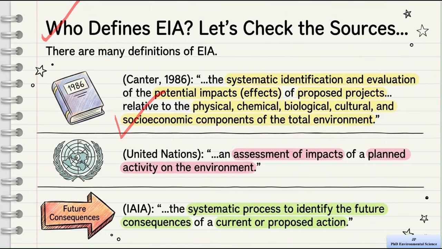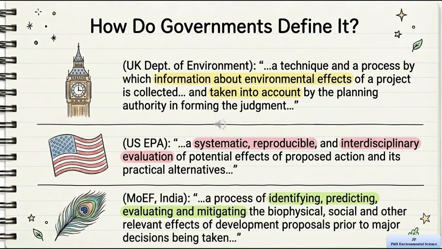EIA studies how a project affects everything around us, not just nature. Likewise, a definition is also given by the United Nations and IAIA. Again, different countries define EIA slightly differently, but the core idea is the same.